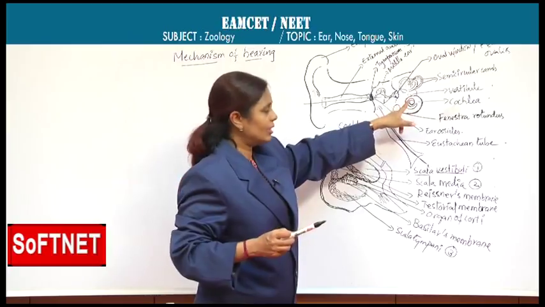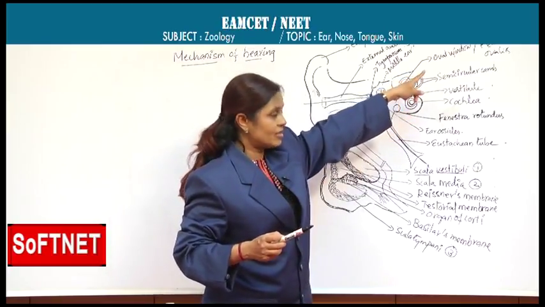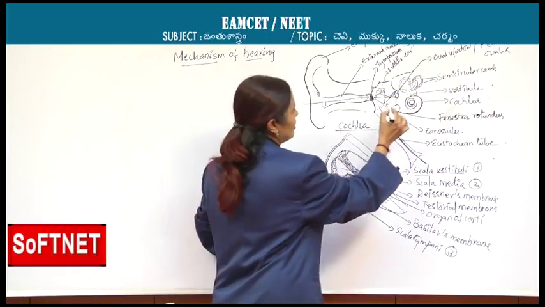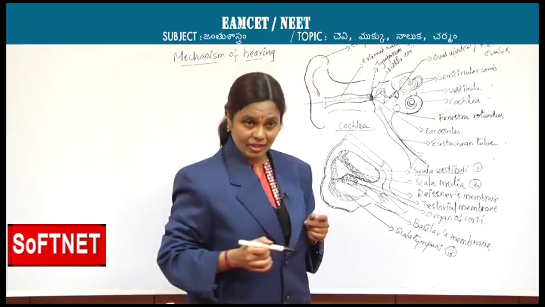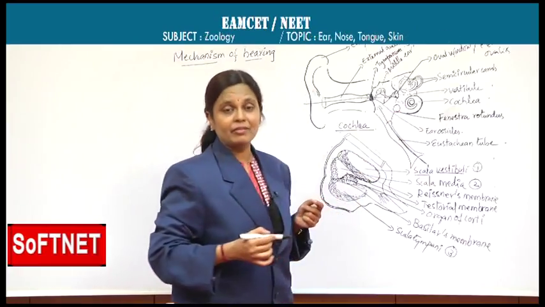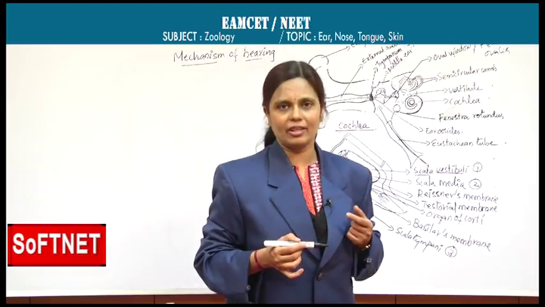Now, from here, the sound vibrations are received by the fenestra ovalis, a membrane covered opening, where from these sound vibrations enter into the inner ear. As we already studied, cochlea with its sensory ridge organ of Corti is specialized in hearing.